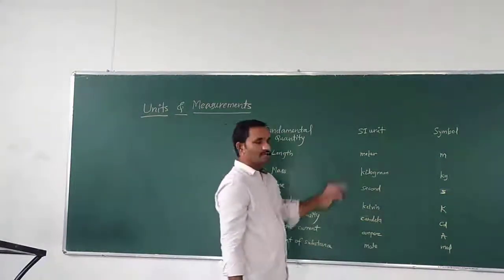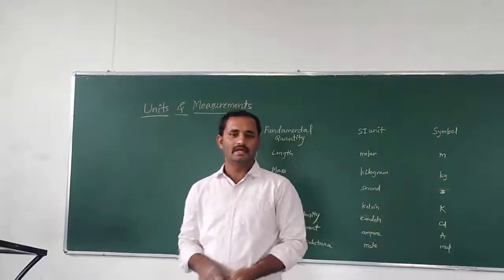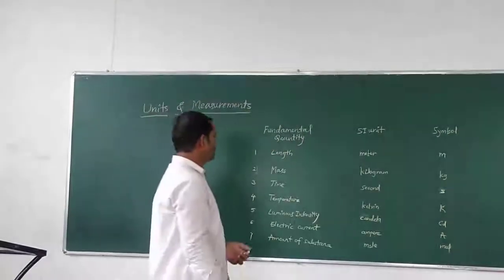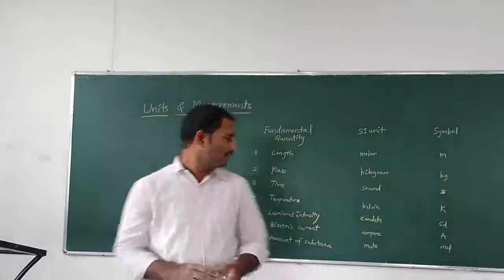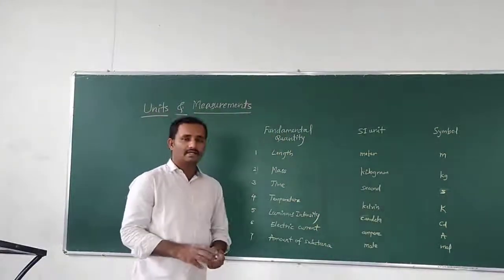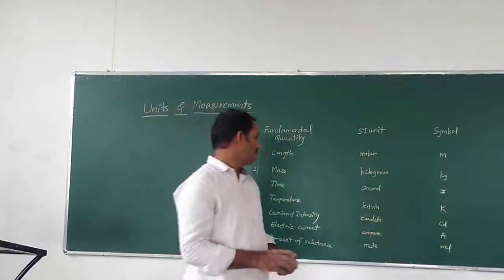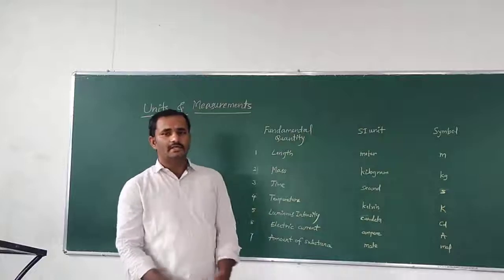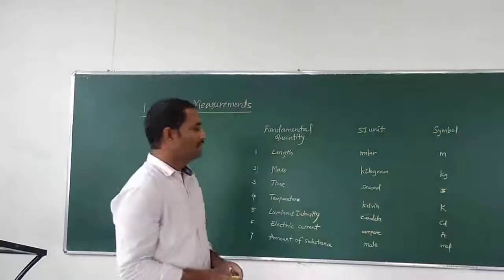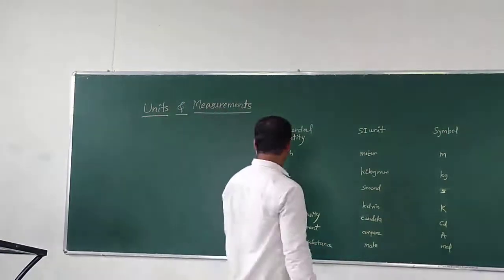Mass, SI unit is kilogram, symbol is kg. Time, SI unit is second, symbol is small s. Then fourth one is temperature, SI unit is Kelvin, symbol is capital K. Luminous intensity, unit is candela, symbol capital C, small d.